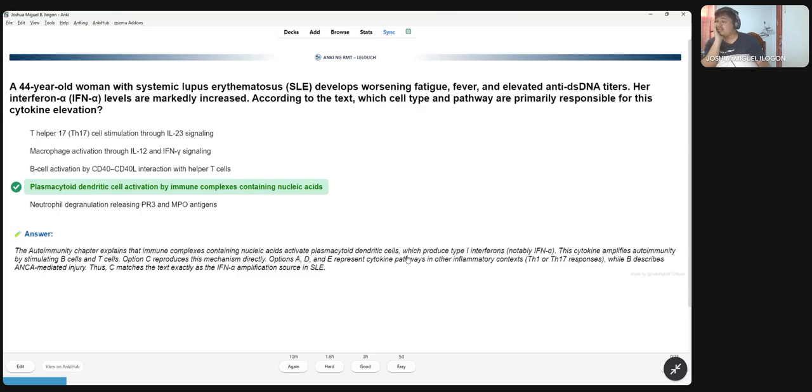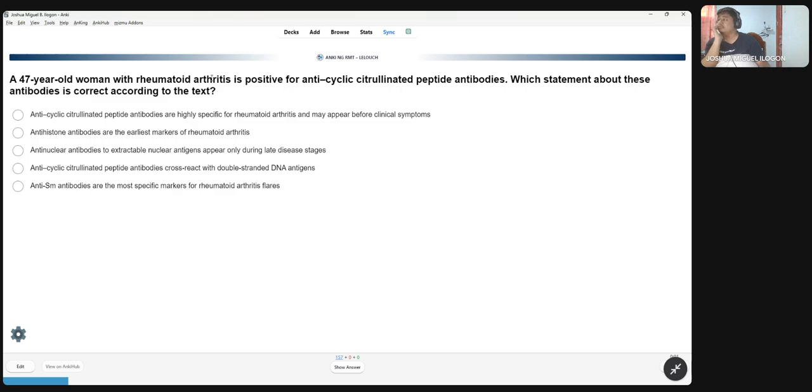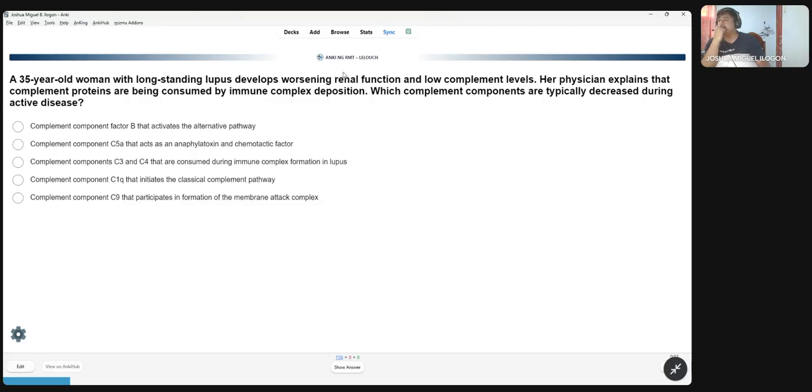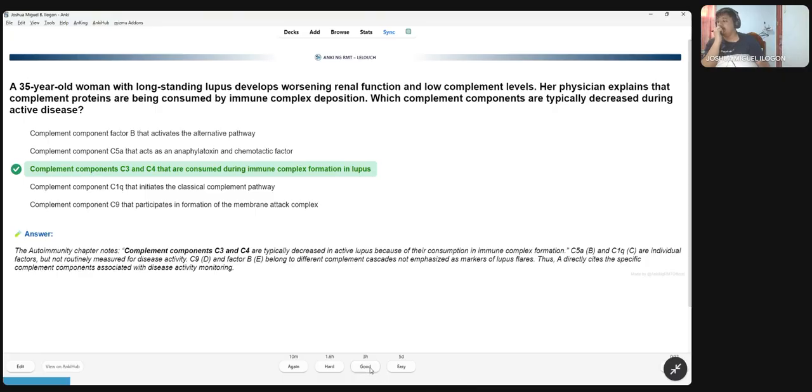Okay, plasmacytoid dendritic cells, type 1 interferon. That's your anti-cyclic. Worsening renal function and low complement, complement being consumed by immune complex deposition. If decreased, there we go. C3 and C4.